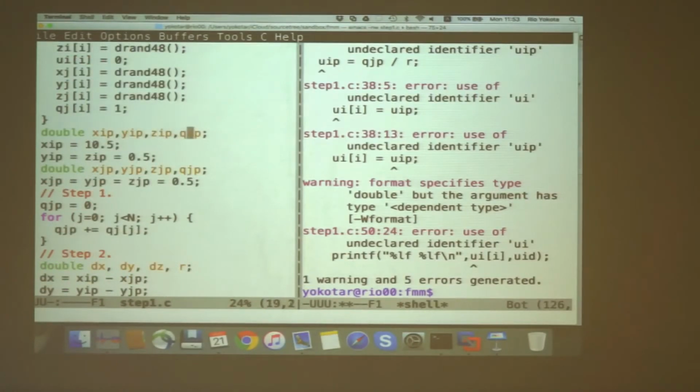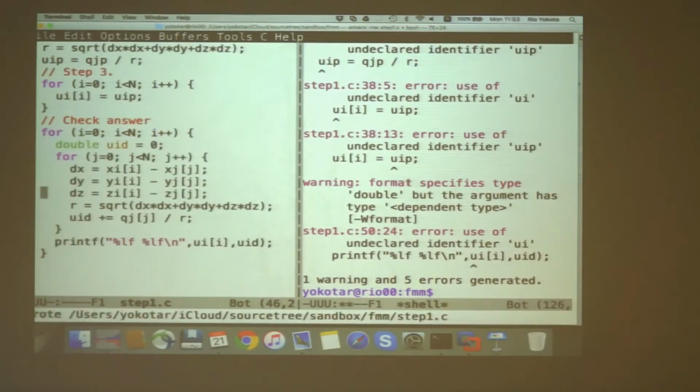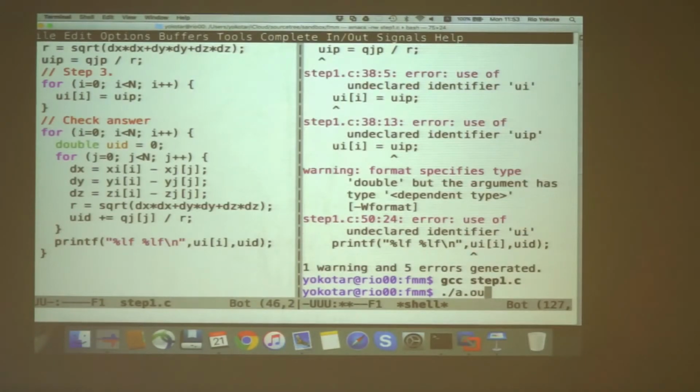And this one too. Okay, now I think it's good. Yeah, now it compiled.